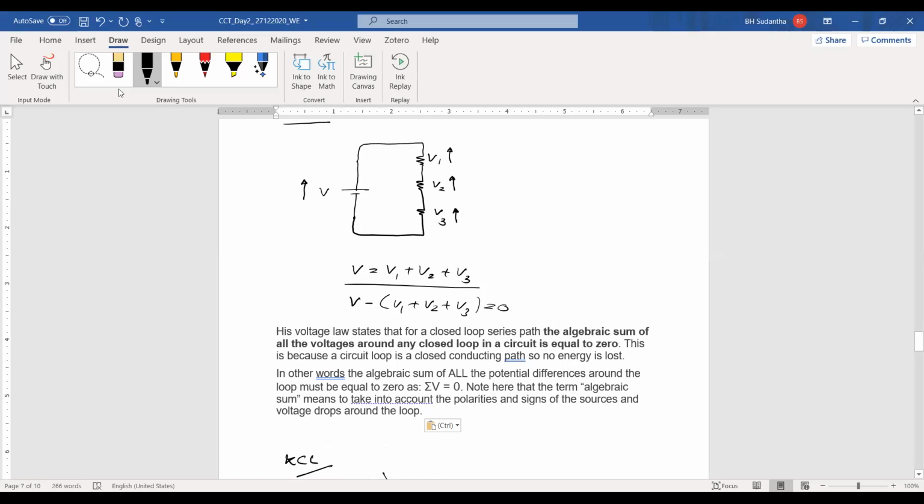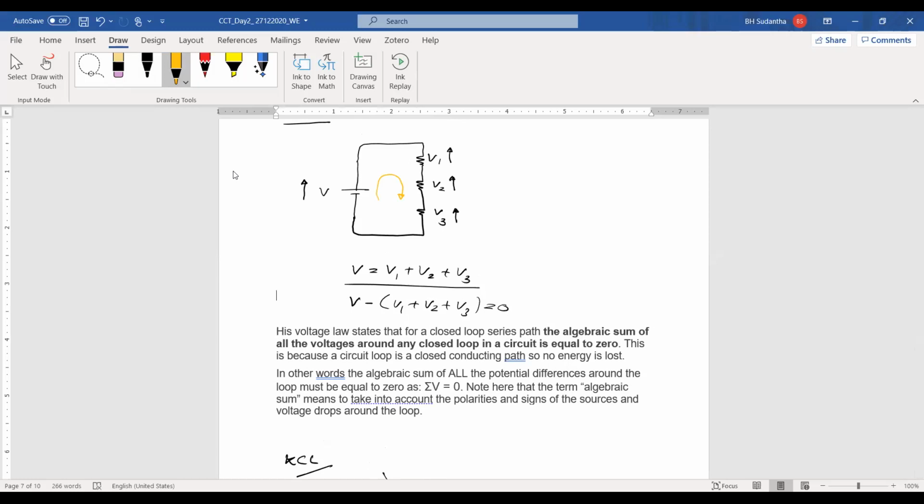Okay. If you take a direction like this, considering all voltages in this direction as positive, the algebraic sum is V minus V1, V2, V3.